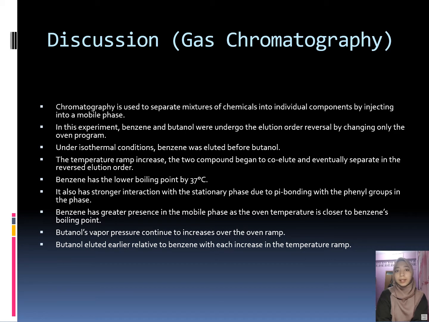Benzene also had greater presence in the mobile phase as the oven temperature is closer to benzene's boiling point than butanol's boiling point, while butanol's vapor pressure continued to increase over the oven ramp, caused by its less interaction with the phase. Hence, butanol eluted earlier relative to benzene with each increase in the temperature ramp.